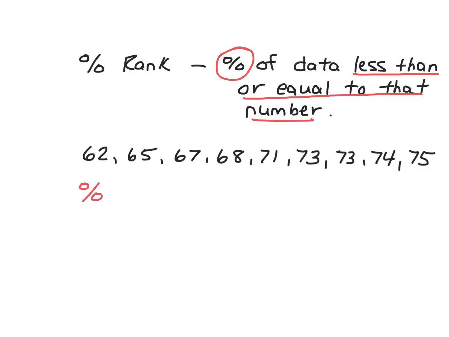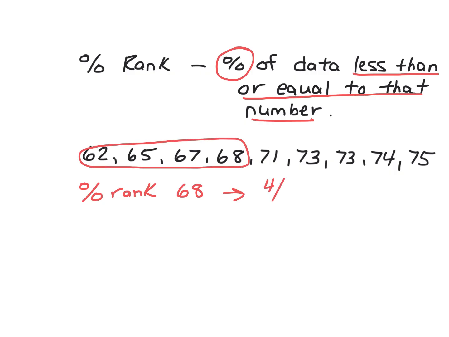If I'm going to be finding the percentile rank of a score of, let's say, 68, there are 4 numbers that are less than or equal to 68. That's 4 out of the 9 total numbers, which is 0.444 repeating. So this would be the 44.4 percentile.